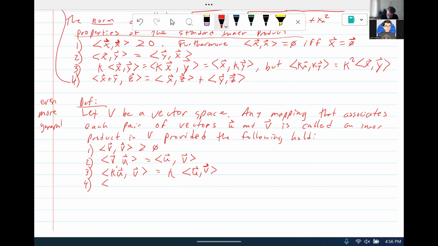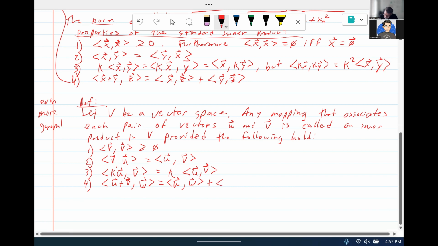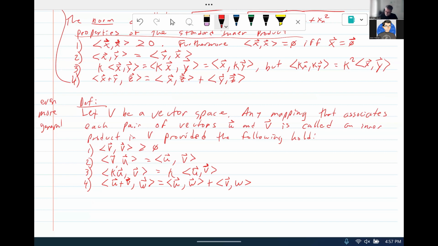And then 4, very similar to what we had before. U plus V dotted, inner product with W, is equal to U inner product with W plus V inner product with W. And so that's even more general, right?